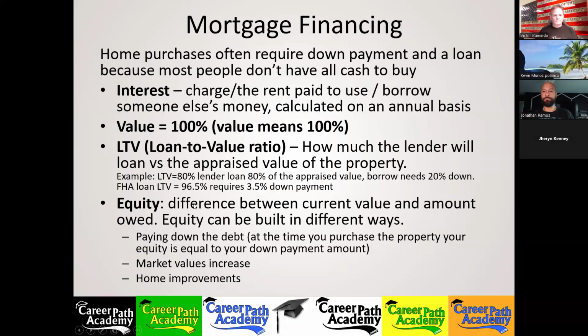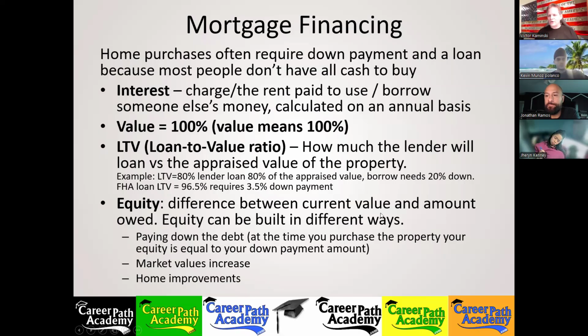So an example is an LTV of 80% means that the lender will loan you 80% of the appraised value of the property. So that means that the borrower needs to put down 20%. And if it's an FHA type loan, where they'll lend you 96.5%, and the borrower is required to put down 3.5%, the LTV on that is 96.5.